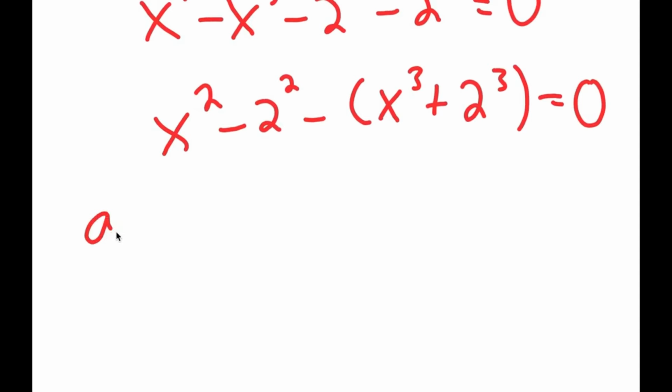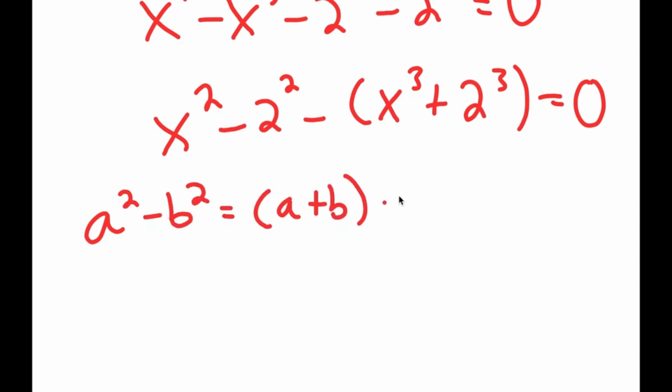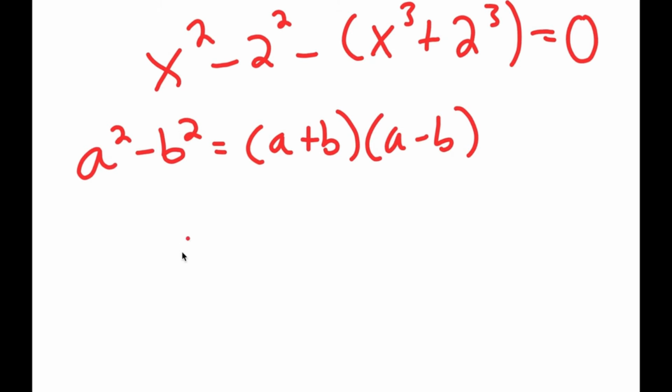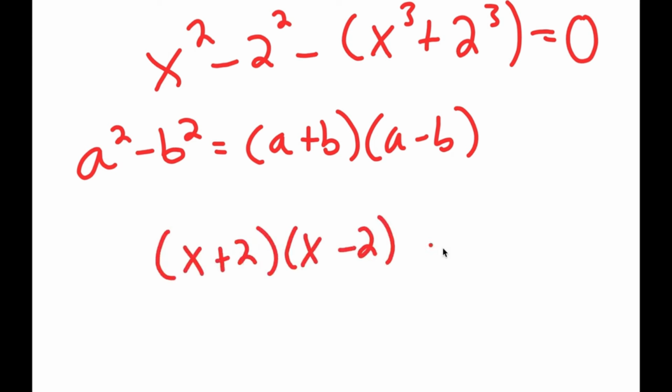So if I have something in the form a squared minus b squared, this is equal to a plus b times a minus b. So x squared minus 2 squared is going to equal x plus 2 times x minus 2.